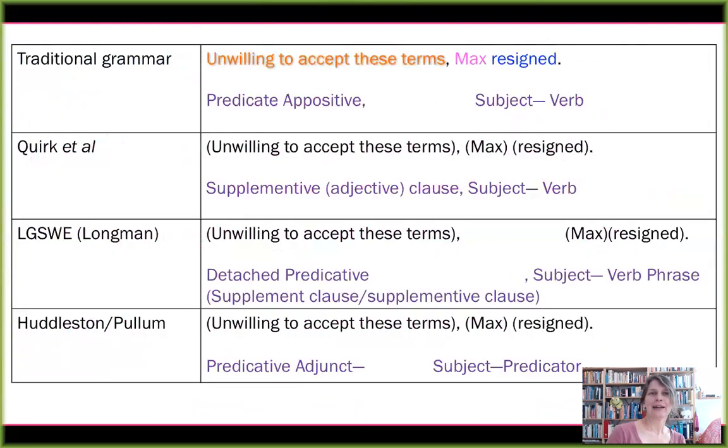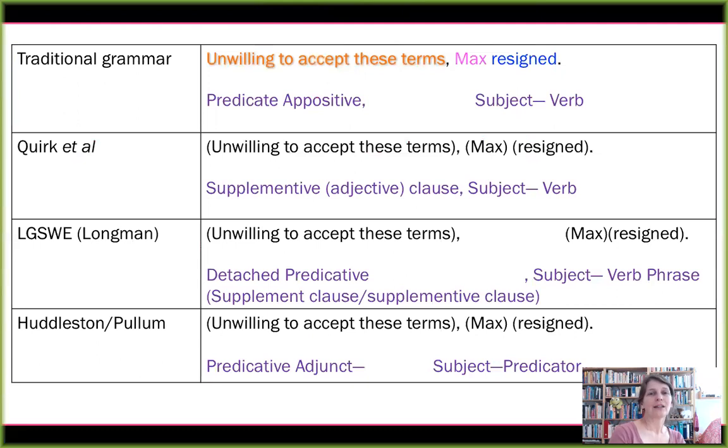Okay, finally, I want to point out what four different grammar approaches say about what I call a predicate appositive. So that's version one. Remember, I talked about predicate appositives in my analysis of my favorite sentence in The Great Gatsby, and when I introduced you to clause elements.